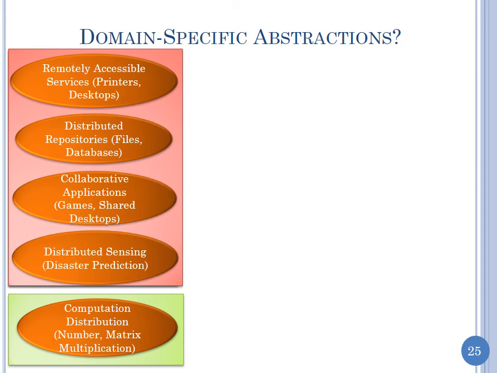So let me take the first category, non-high performance computing. I've told you before that when we were looking at RPC, we said let's try to reduce the distribution awareness. And there are systems that have totally eliminated distribution awareness.